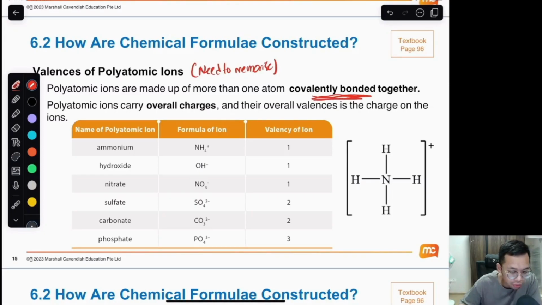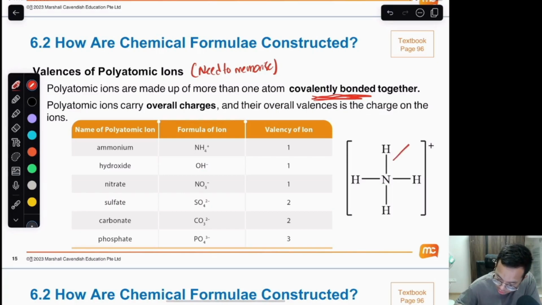So remember, in your end of year exam, or I think it's in your current worksheet that I've given you, there is one question. Which one contains a salt that contains covalent bonds as well as ionic bonds?